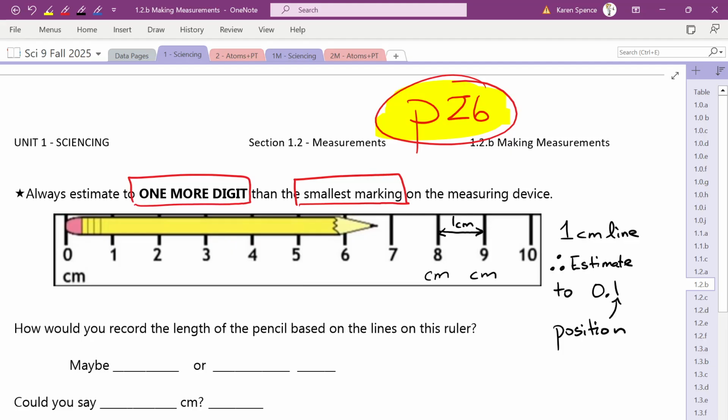How would you record the length of the pencil?